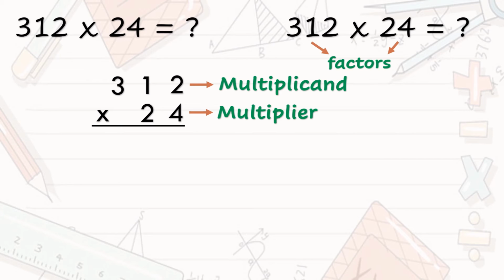Now, let's multiply 4 by 2. The answer is correct. It's 8. We put 8 below 4, and it is in the ones place. Now, what are we going to multiply next? Yes, it's 4 times 1. 4 times 1 is 4. Next.